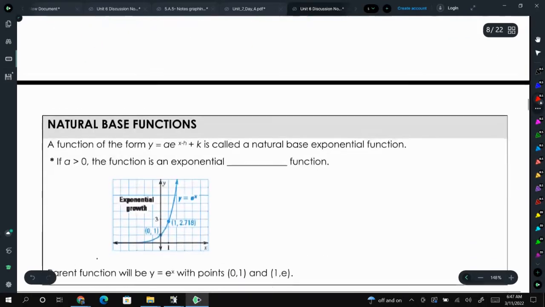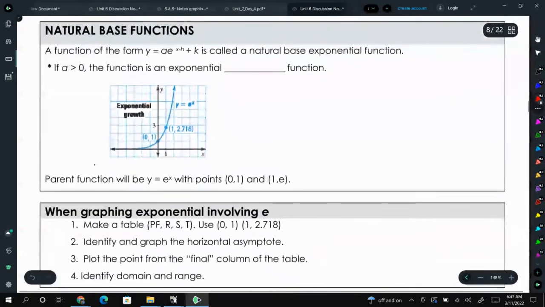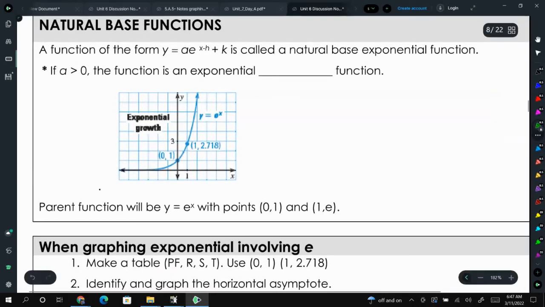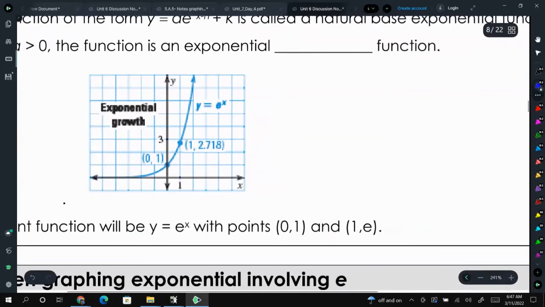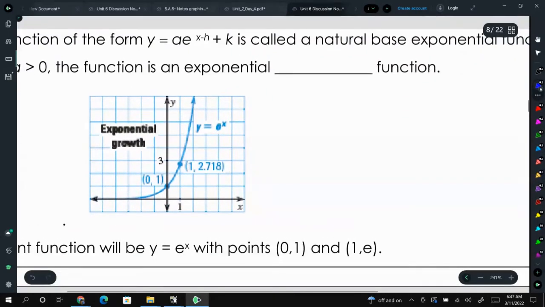All right, now on the next page, we're going to be graphing functions with e in it. We know that e is approximately 2.72.